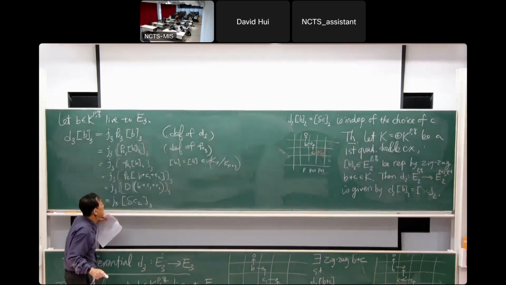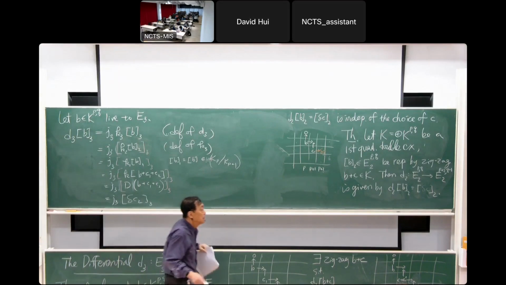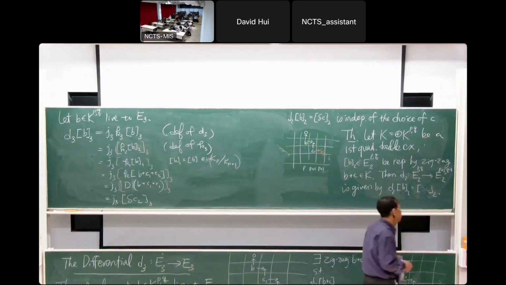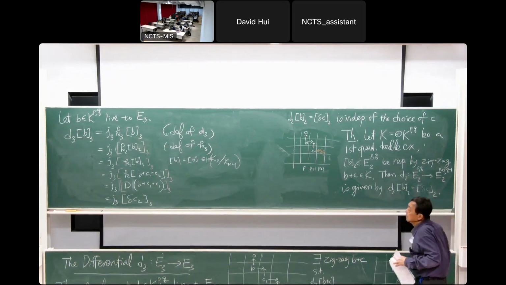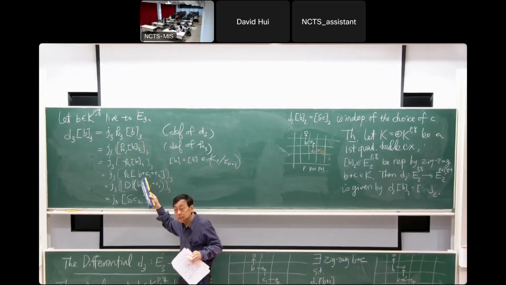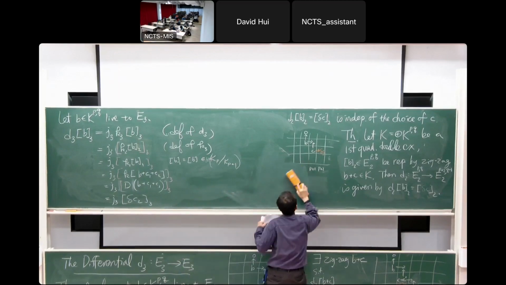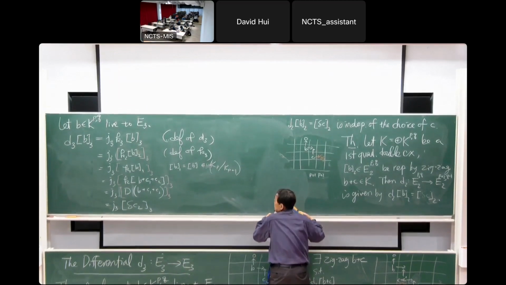Okay, now where is delta C2? Well, delta C2, well, J3, it has to go from A3 to E3. So delta C2 is in A3.